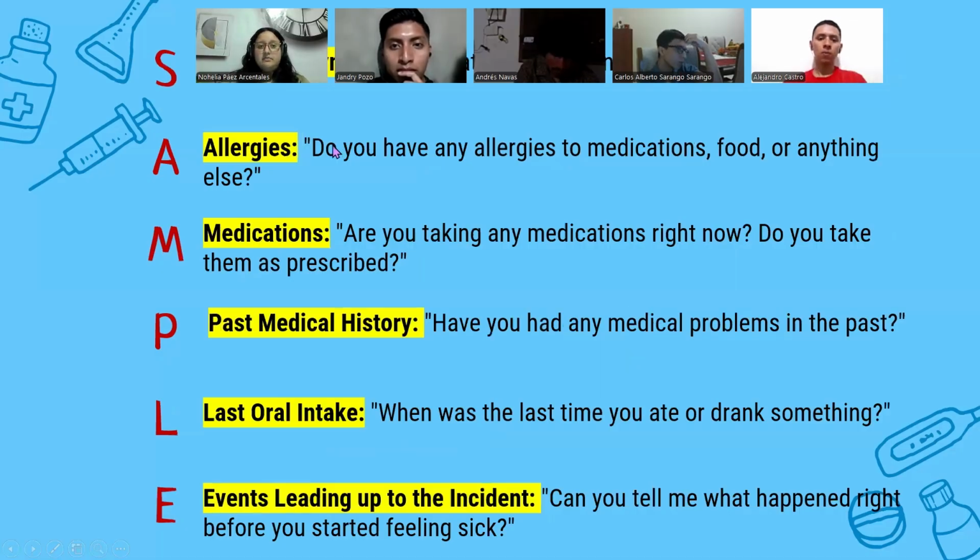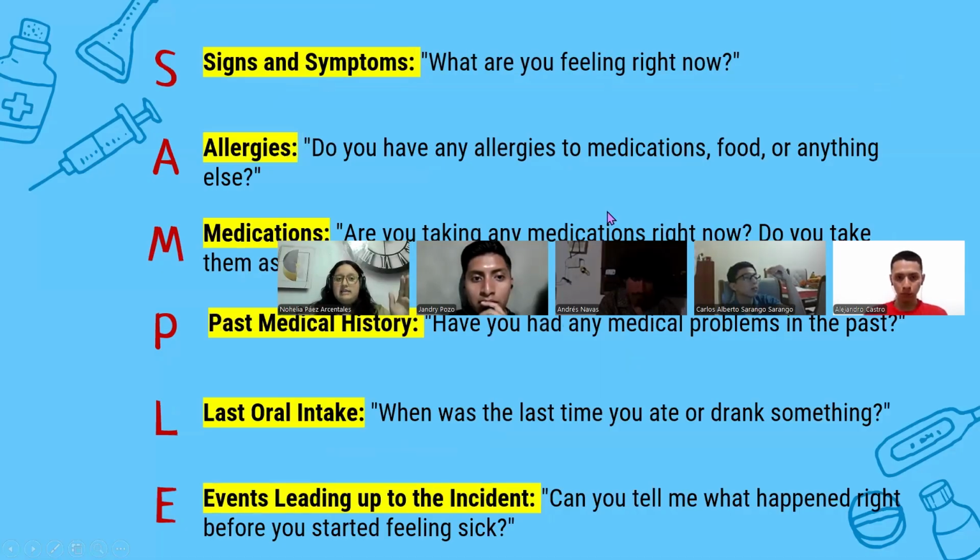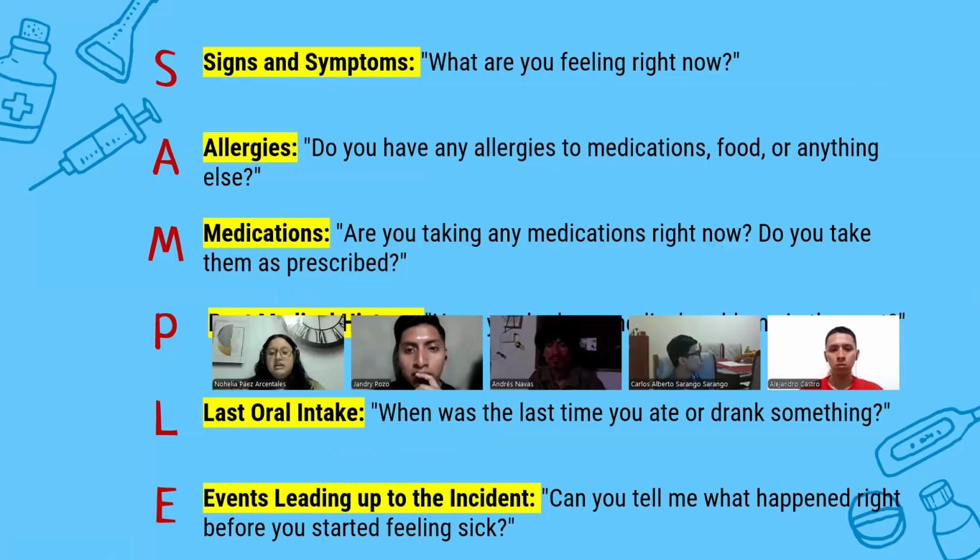And for SAMPLE, the S is for signs and symptoms. What are you feeling right now? The A for allergies. Do you have any allergies? This is also very common and needed to ask a patient, if they have allergies to certain medications or food or anything else. For M, we have medications.